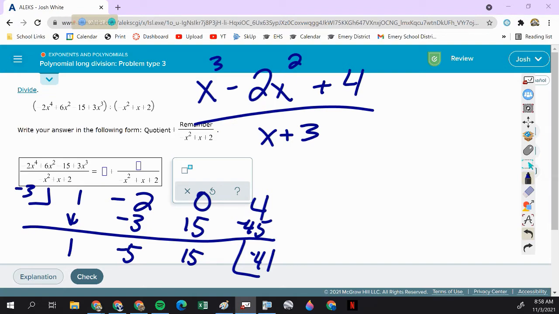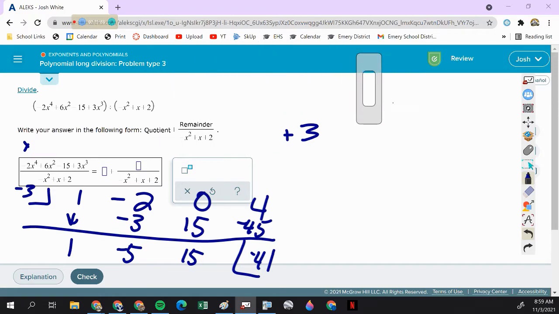Well, I started with an x to the third, so I'm going to end with an x squared. x squared minus 5x plus 15 plus negative 41 over x plus 3. So synthetic division is super fast, but it only works when the bottom is x plus a number or x minus a number.